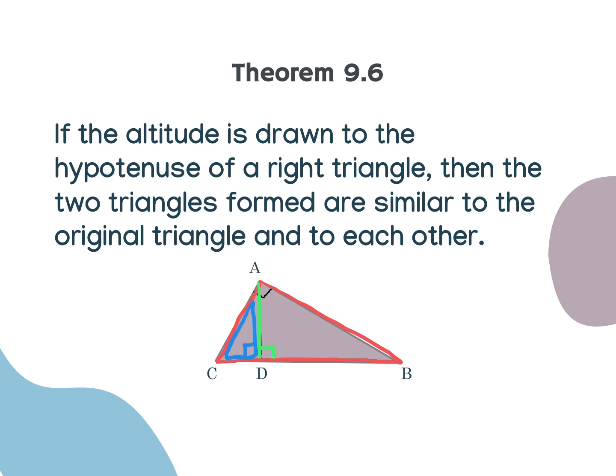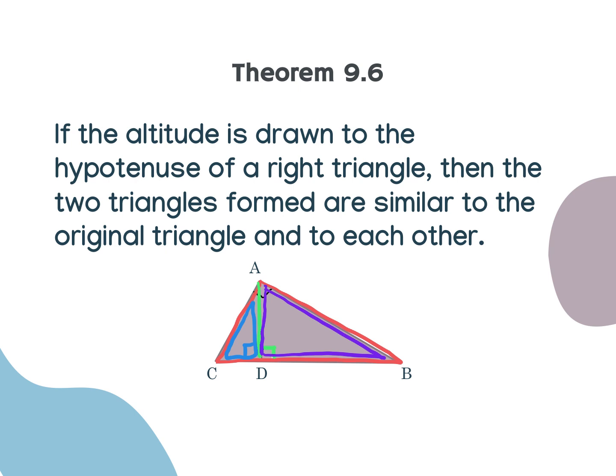It's a right triangle. And then I have another, and I'll outline this one in purple, a medium-sized purple one over here on the right side. All three of these triangles, the red, the purple, and the blue, are now all three similar right triangles.